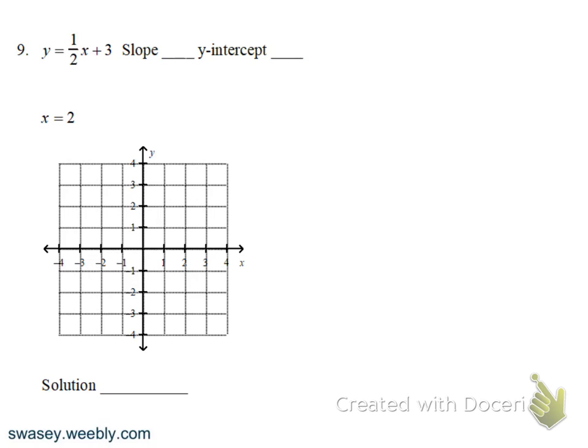Number 9, slope's 1/2, y-intercept's 3. Put a point at 3, go up 1 to the right 2. You can also go down 1 to left 2. We'll connect those.